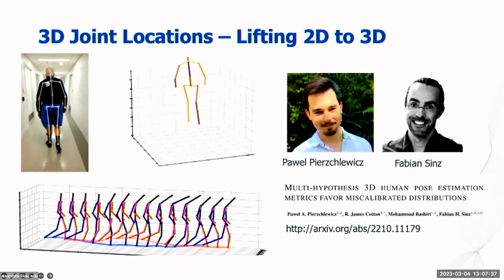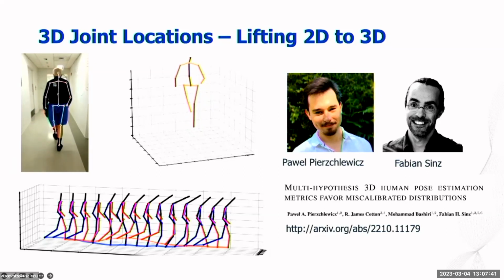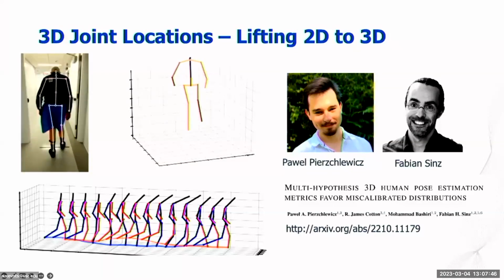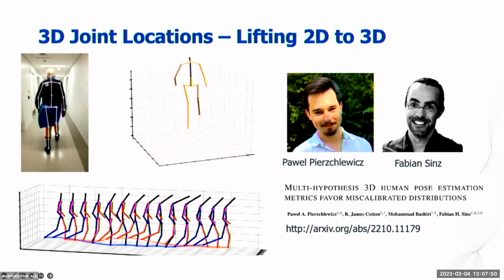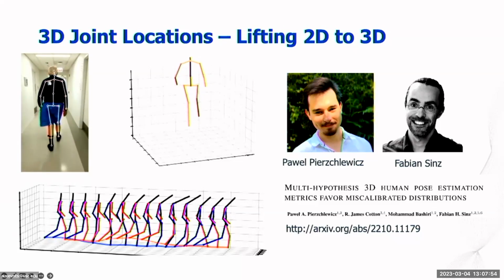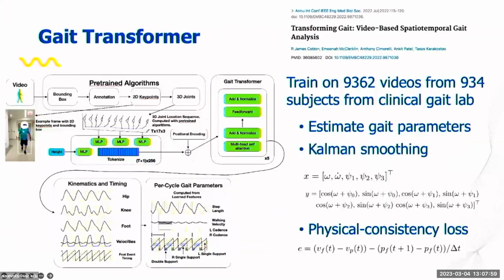But on top of that, these approaches don't really tell us much about the reliability. The 2D key points do actually give some confidence intervals, but when we go to these 3D approaches, they tend to not. So I just want to give a shout out to this work with Pavel, using graph conditional normalizing flows in order to get valid probability distributions on these lifted joints.